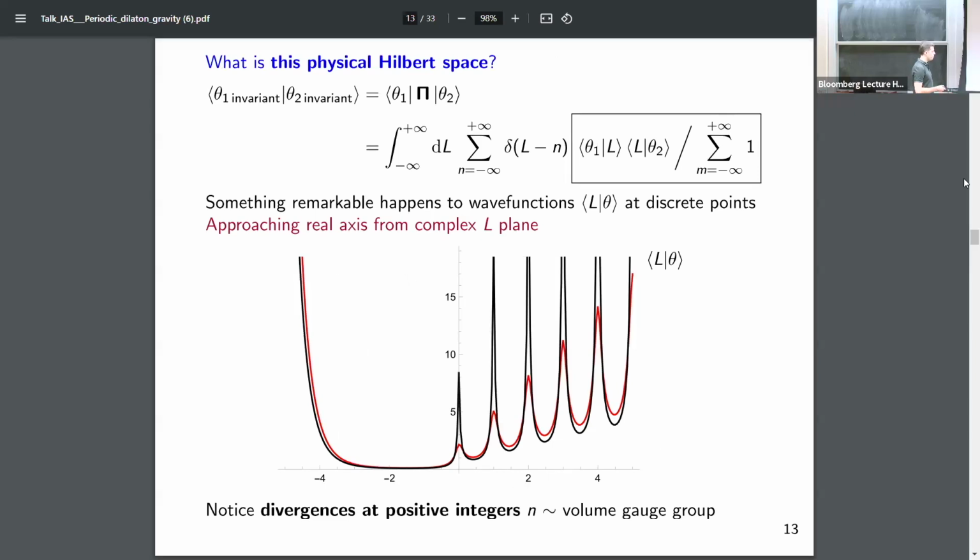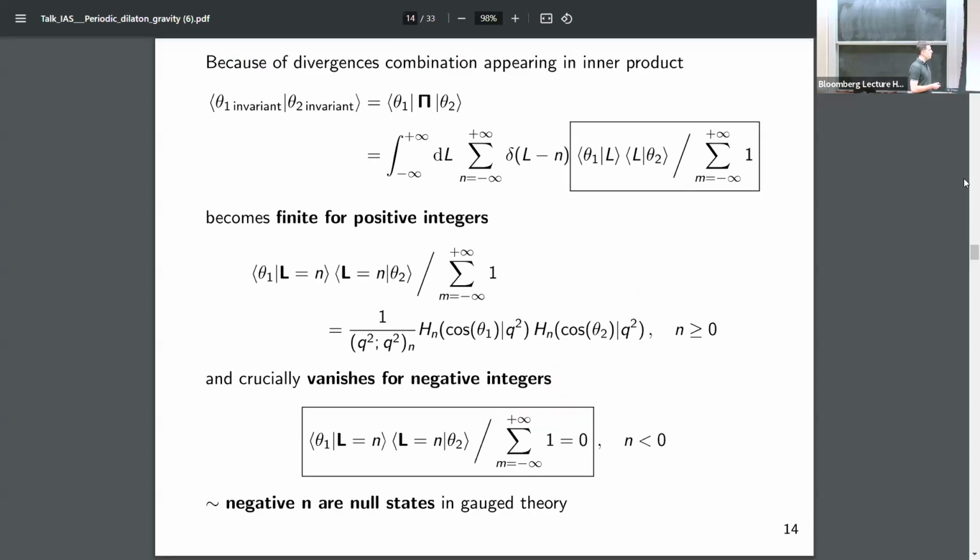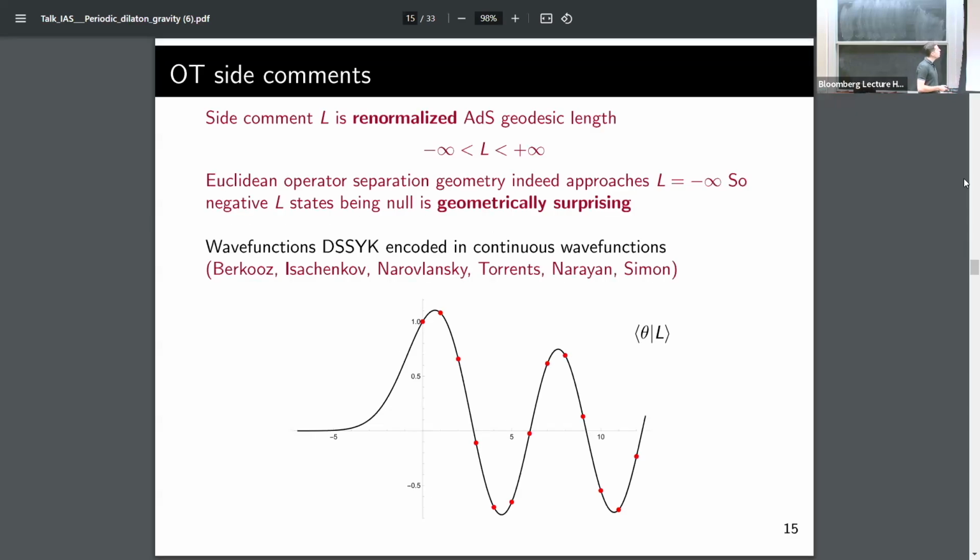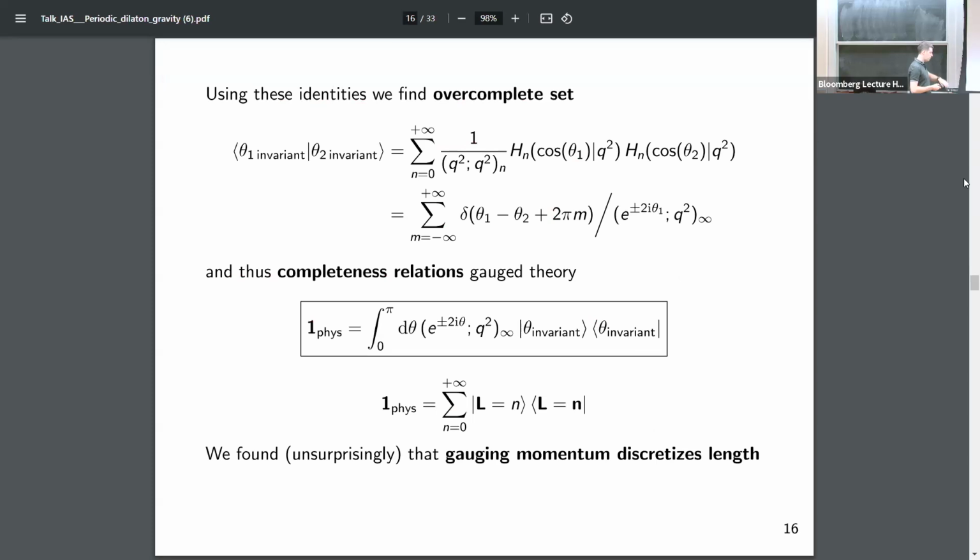There are no peaks here. Whereas this projector projects on all integer n, actually in the theory, states with negative n are not null states. They don't contribute. This maybe in part answers your question. Okay. In the databases, it works slightly different, as I'll show now. Okay, it's a side comment which I'm going to skip. Is L the length?